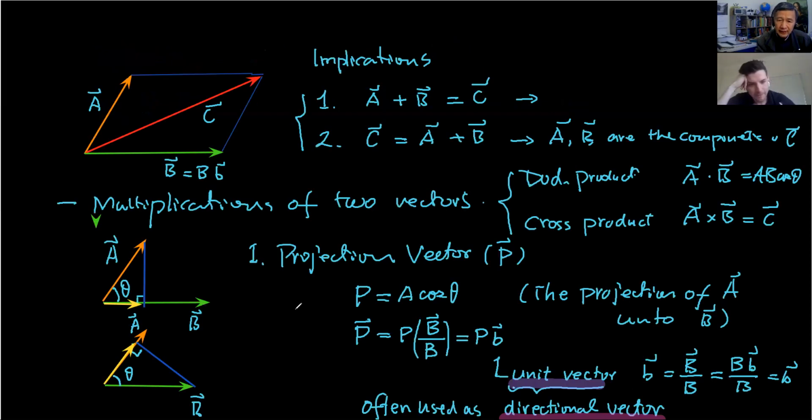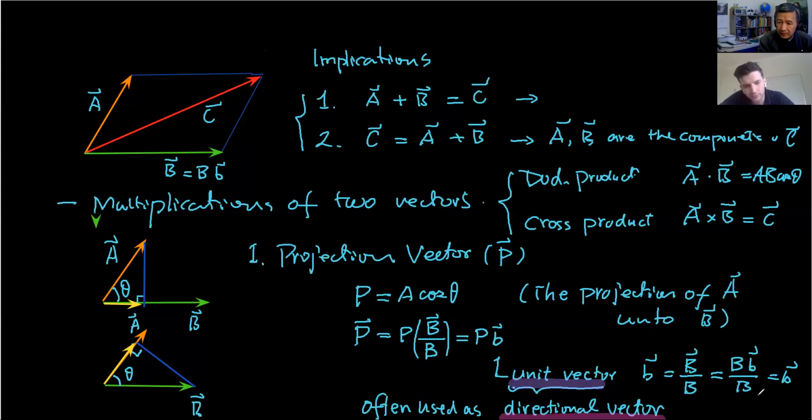So that is the projection vector, before we discuss the dot product here. And the dot product is simple. In this first example, we only discuss the projection of the vector A onto the vector B. But you will notice that the projection of B over A is also there.